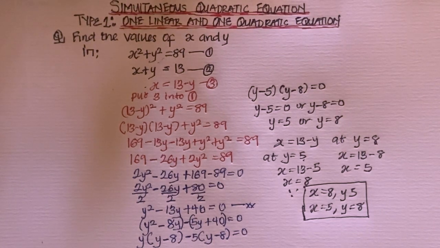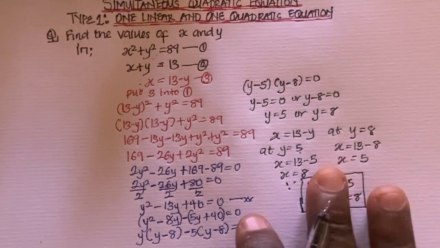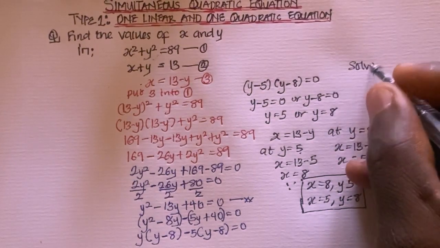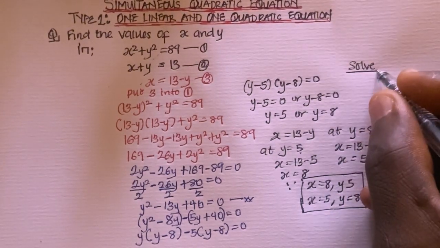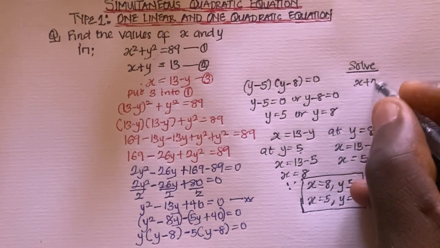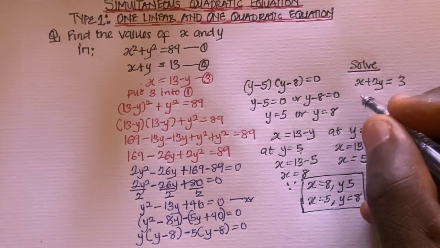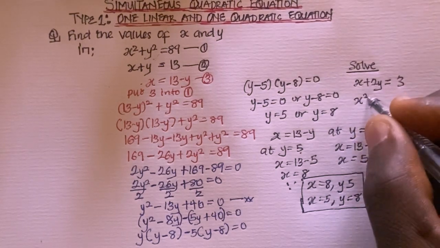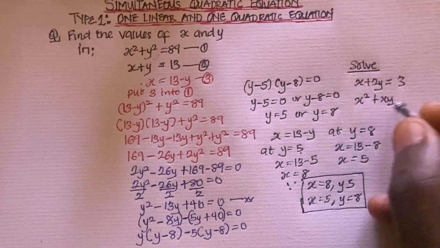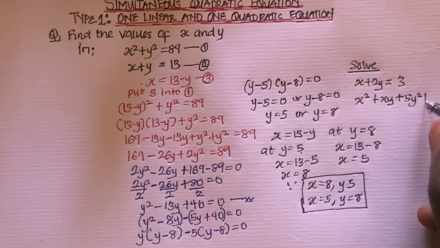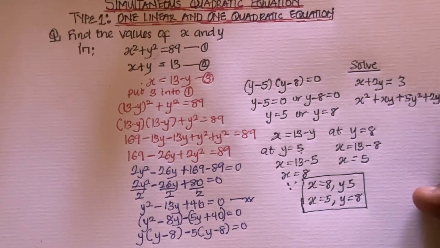So before I end this video, I'm going to give you guys a question to solve. You should solve it and drop your answer in the comment box below. Let's say you are given x plus 2y equals 3, and also let's say you are given x squared plus xy plus 5y squared plus 2y equals 7.